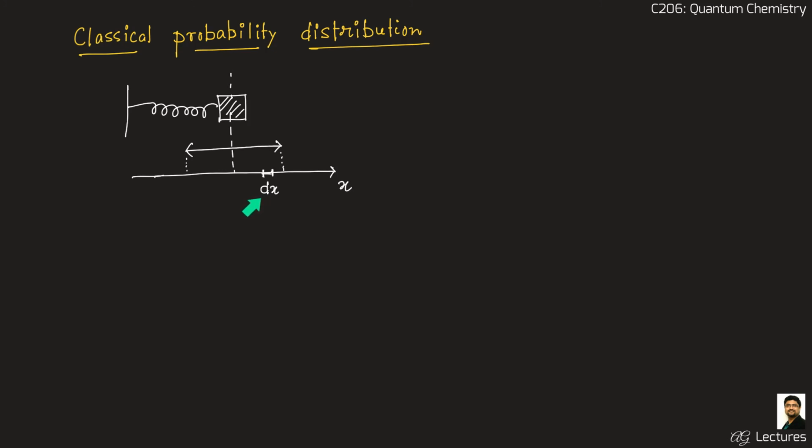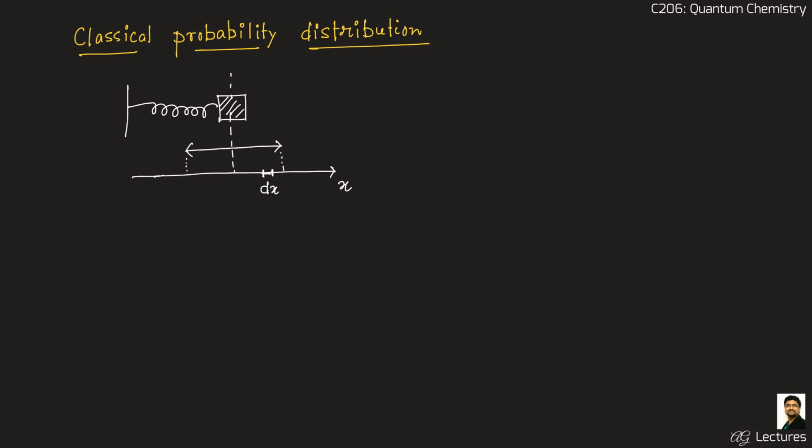It simply means that if the particle, while moving back and forth, has a lower velocity at some point, it is more probable that the particle would be found there, because per unit time it is staying longer in that particular place.